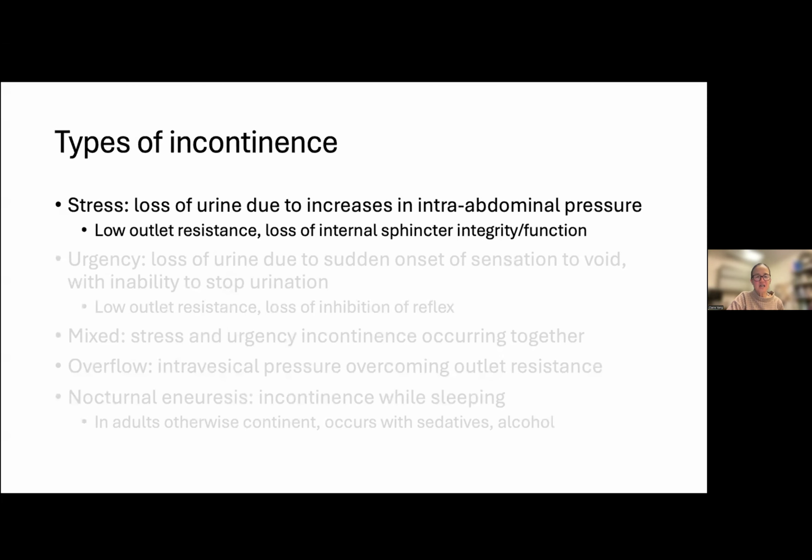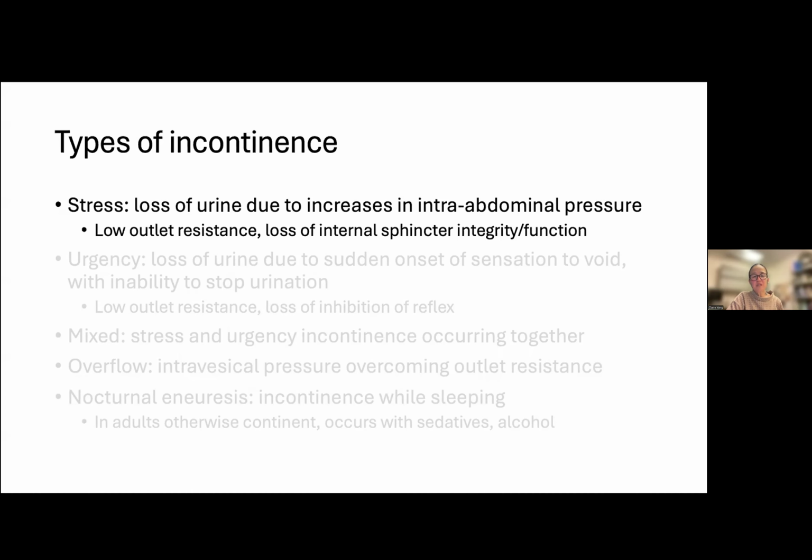So stress incontinence is loss of urine during increases in intra-abdominal pressure, and that's like with movement or coughing or sneezing. And the pathology for that lies in low outlet resistance, particularly that internal sphincter.